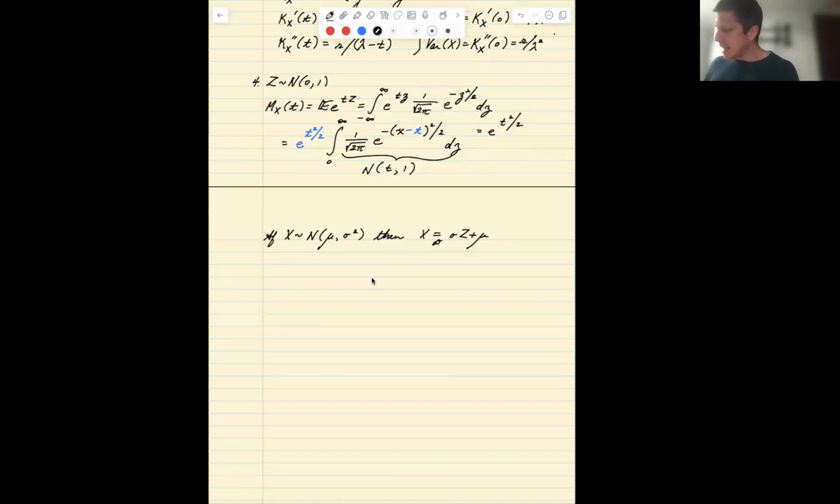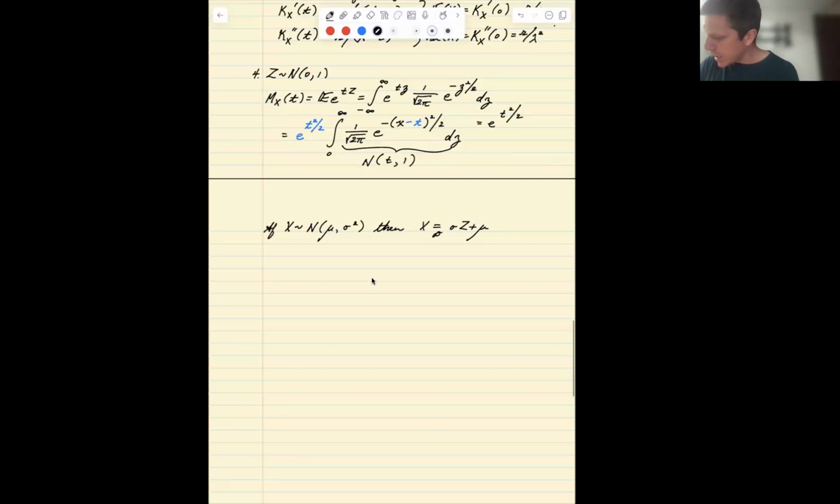So z is x minus mu over sigma. So this is a relationship between normal 0, 1 and normal mu, sigma squared. And so in this case, I'm sorry, this should be M_z of t. M_x of t is defined as the expectation, and we can write it as the expectation of e to the t times sigma z plus mu, right?